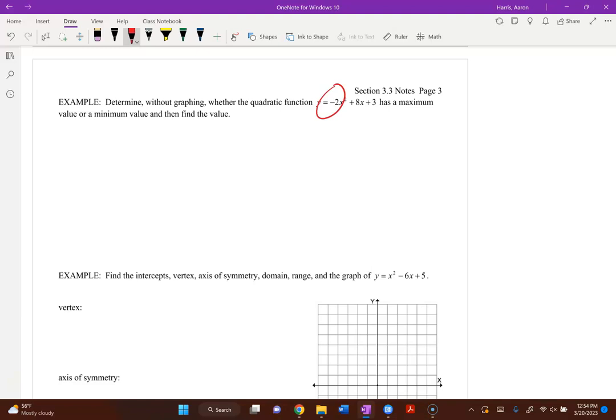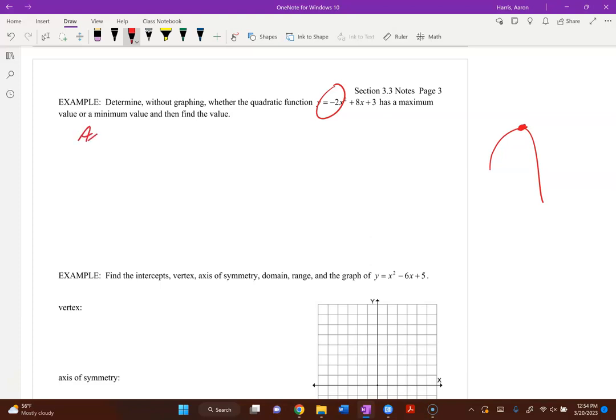So this one, it has an a that's negative 2. Is that going to have a max or a min? Minimum. Yeah, it's going to open down, right? I'm sorry, it opens down, so it has a maximum. I said that wrong. It has a maximum, right? So let's find it. How do you find the maximum? Where is it at? On the vertex, and the vertex is on the axis of symmetry.